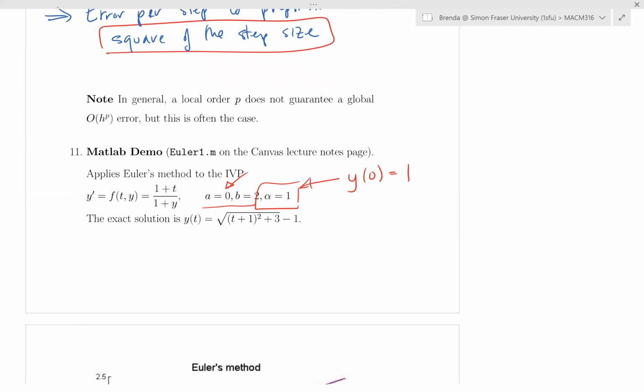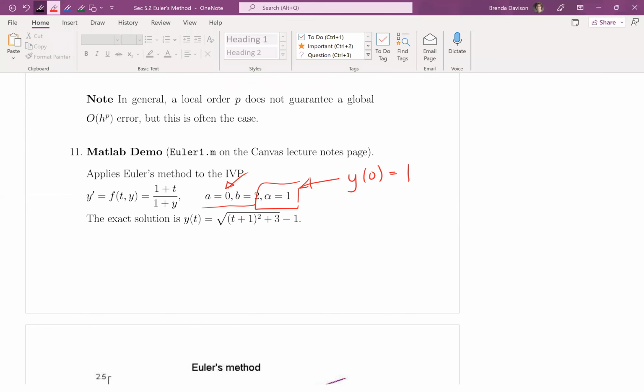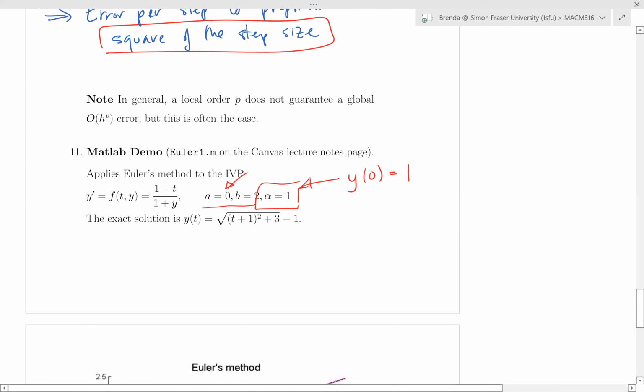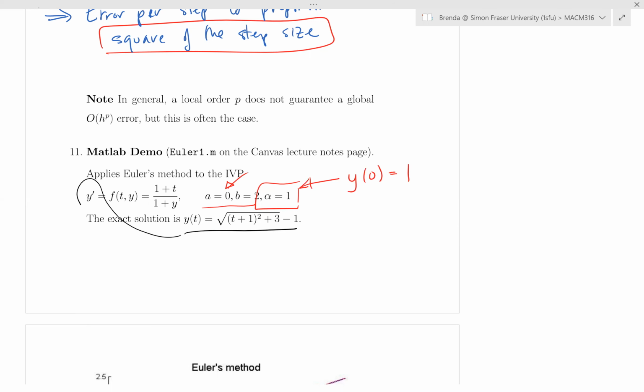So we're going to do this demonstration. The exact solution is here. I'm just going to outline for you how to find the exact solution to this equation. First of all, you can check it without finding it. You can take the derivative of it and see if it equals that. You plug the y in here, you plug the y prime in there and see if it works. So first of all, you can check the solution. That's step 1.